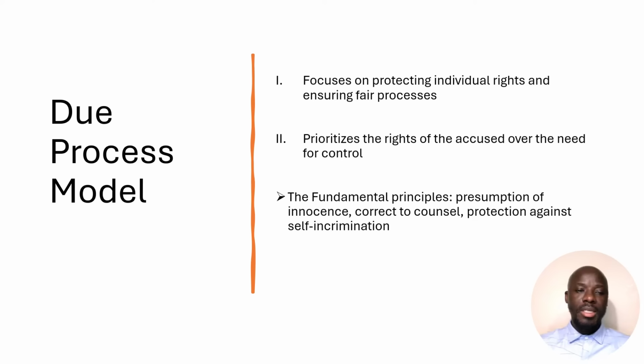Our due process model focuses on protecting individuals' rights and ensuring fair processes. It also prioritizes the rights of the accused over the need for control. The fundamental principles are presumption of innocence, right to counsel, and protection against self-incrimination.